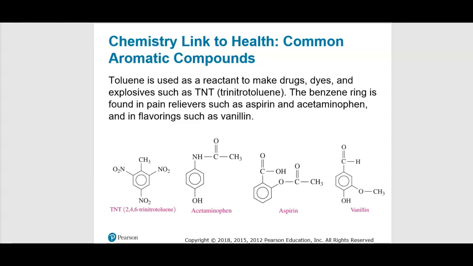Aspirin, I'm not sure if that's a trade name or some name that it was given. I don't know how the name came about, but you know aspirin, you've heard of that. And acetaminophen, that's another one. TNT, 2,4,6-trinitrotoluene, it's an explosive.